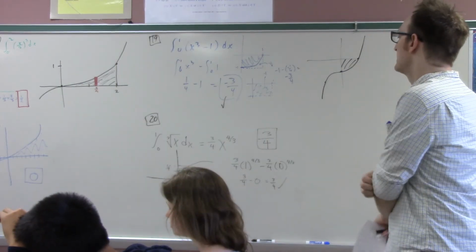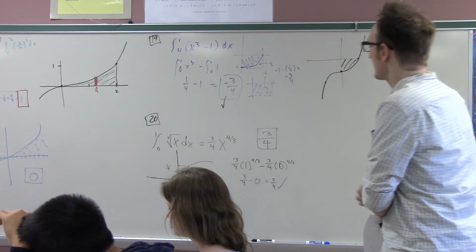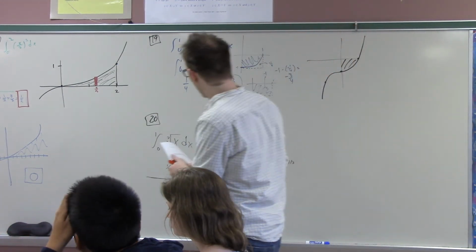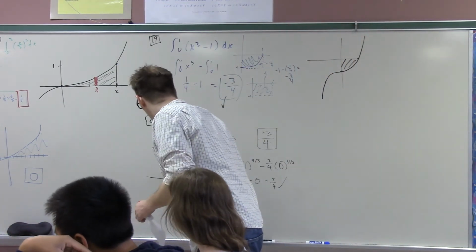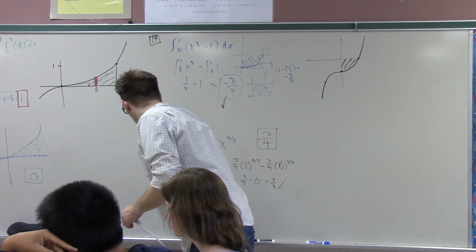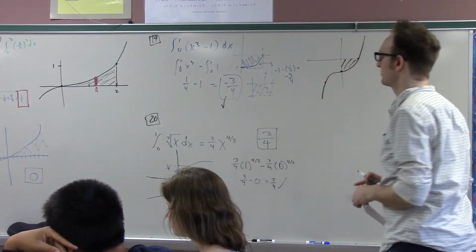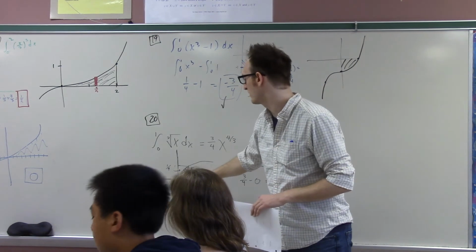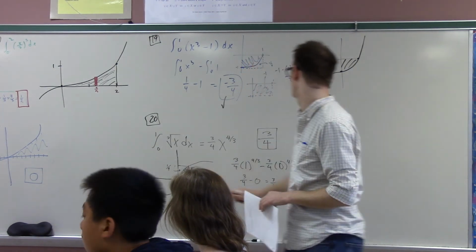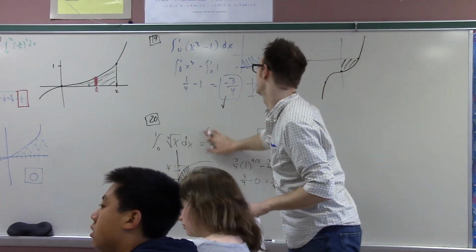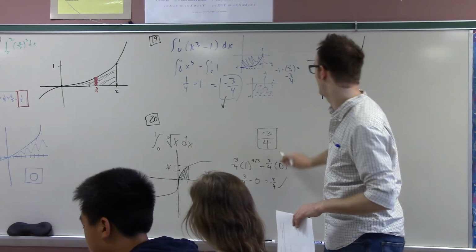20. The integral from 0 to 1 of cube root x. Since the cube root x function is the inverse of the x cubed function, I kind of know some things about it.